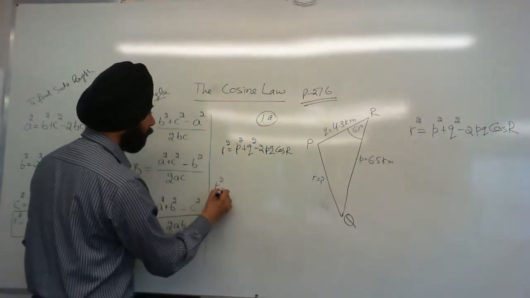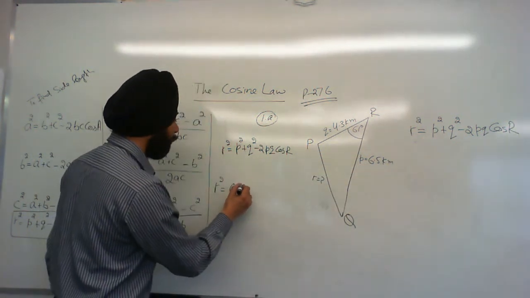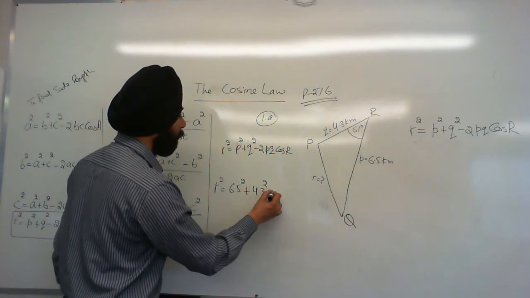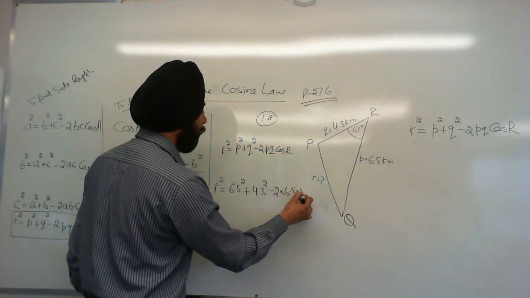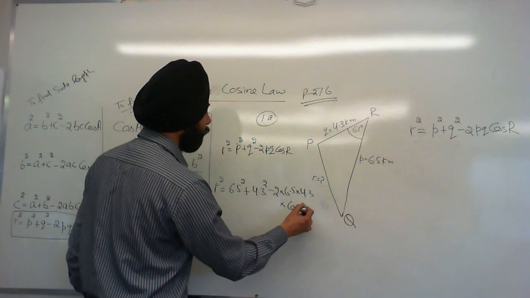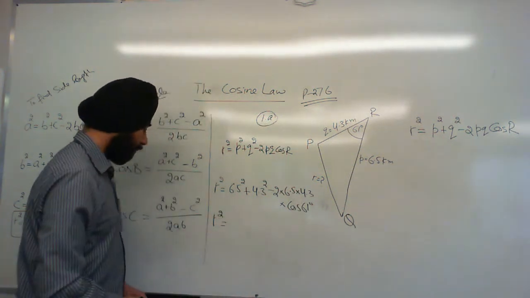R square is equal to P square, P is 6.5, 6.5 square, Q is 4.3 square, minus 2 times 6.5 times 4.3 and then times cos of 61 degrees. So find this, that will be your R square.